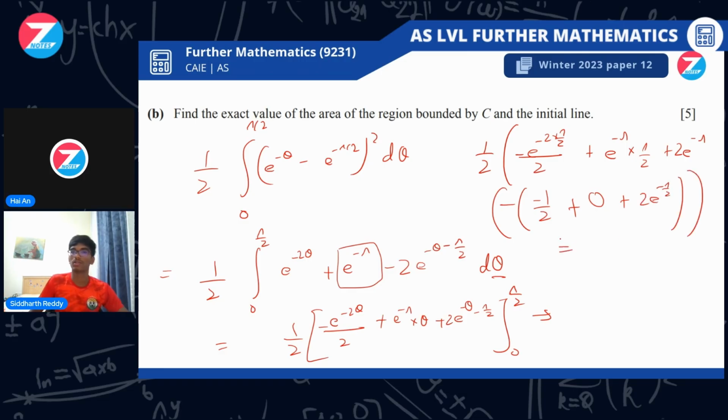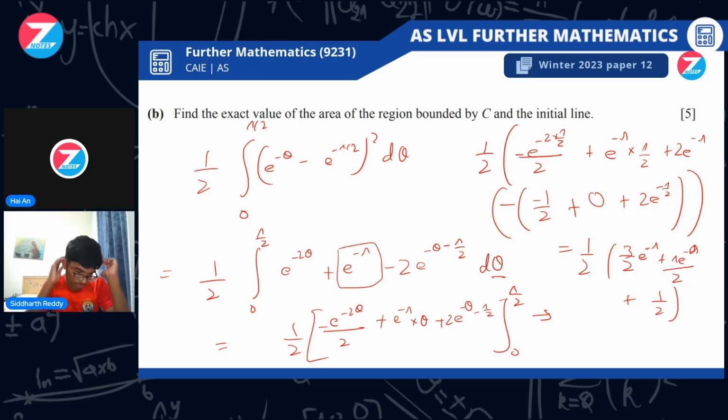So simplifying all this, we get 1 by 2 times e to the minus pi by 2, 1 by 2 times, what is this? 3 by 2 e to the minus pi plus pi e to the minus pi by 2 plus 1 by 2, right?